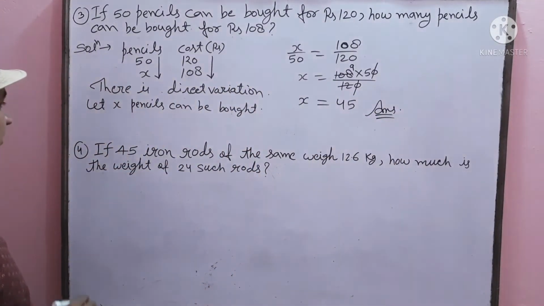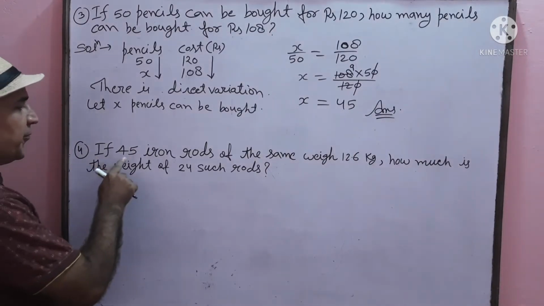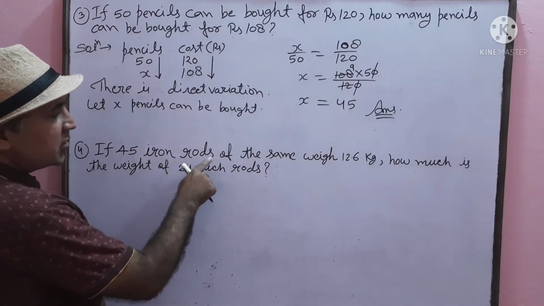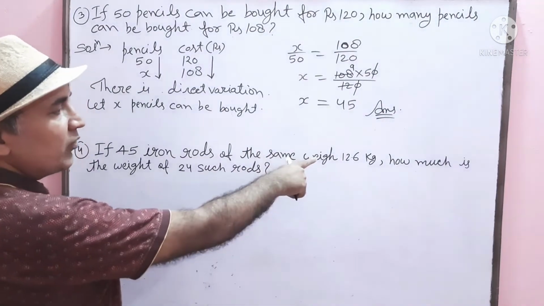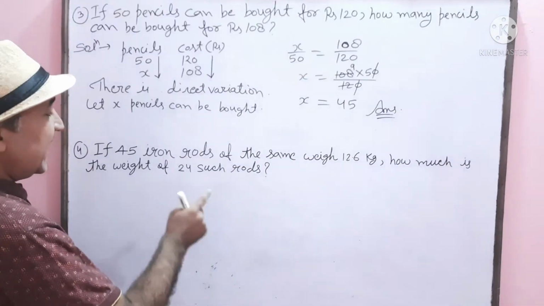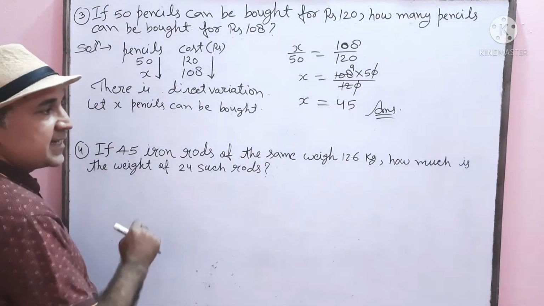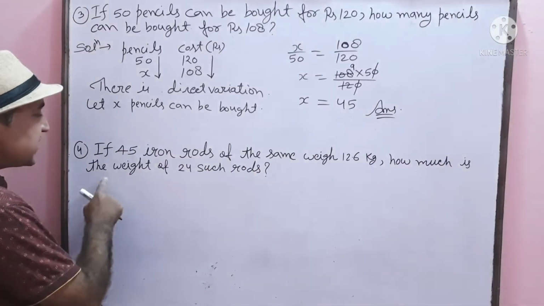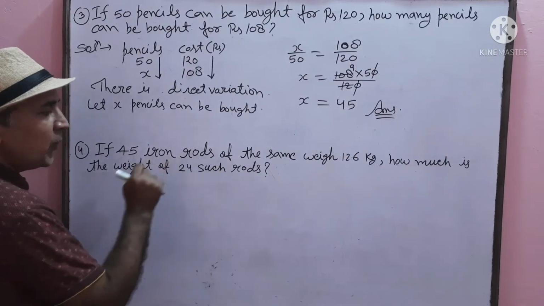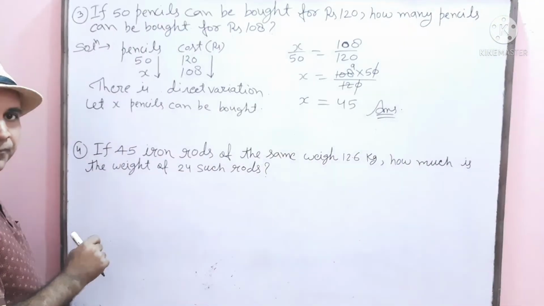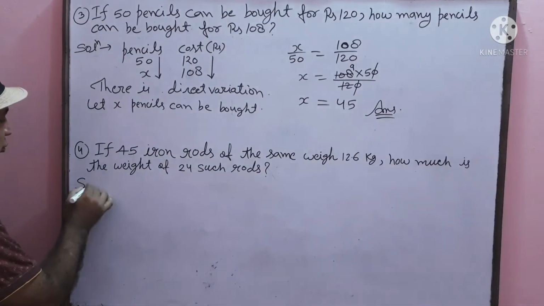Now see question number 4. If 45 iron rods of the same weight are 12.6 kg, that means the weight of 45 iron rods is 12.6 kg. How much is the weight of 24 such rods? See, again the same question.